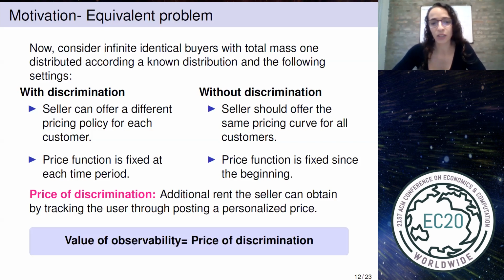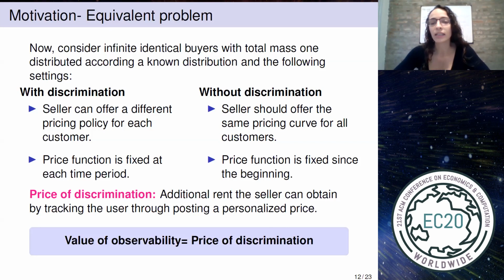On the contrary, if we consider the problem where the seller should offer the same price curve for all customers, so she should fix the price curve at the beginning of the selling horizon, this problem is equivalent to the unobservable case described before. So if we call the price of discrimination the additional rent the seller can obtain by tracking the user through posting a personalized price, this price of discrimination is equivalent to what we call the value of observability.